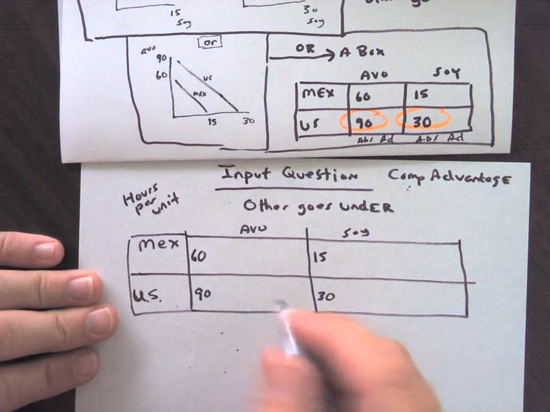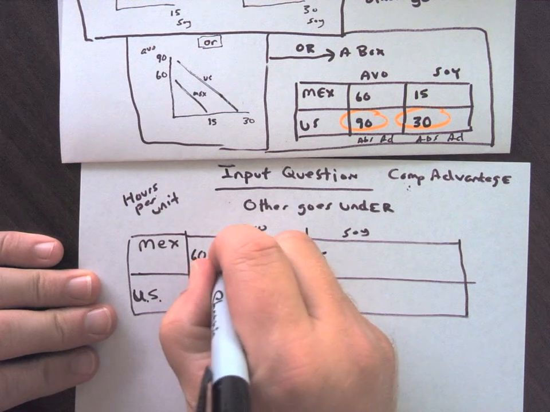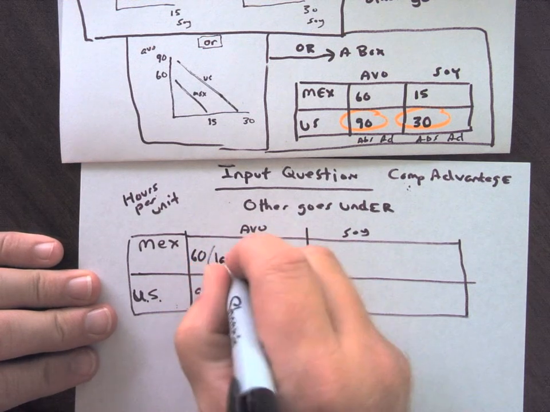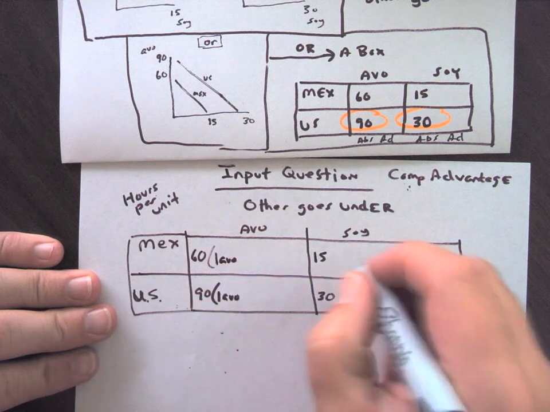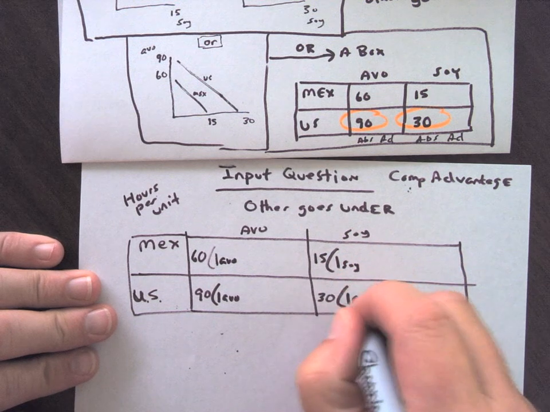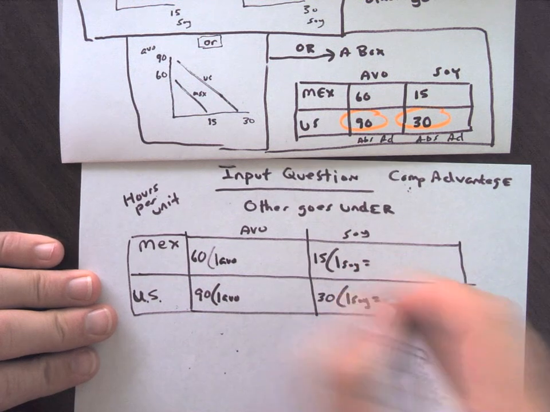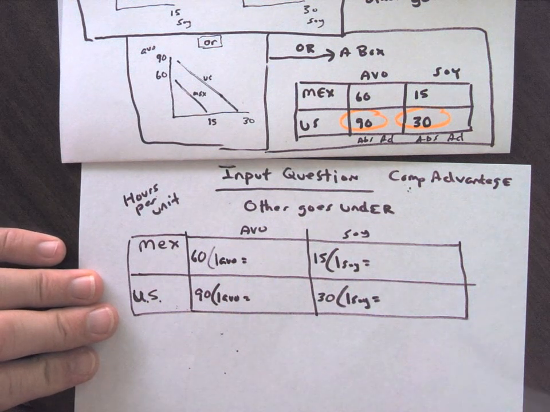So with avocados, I know that if I want to make one avocado, if I want to make one soy, it's going to equal what we're doing with the other item. So now, the other goes under.